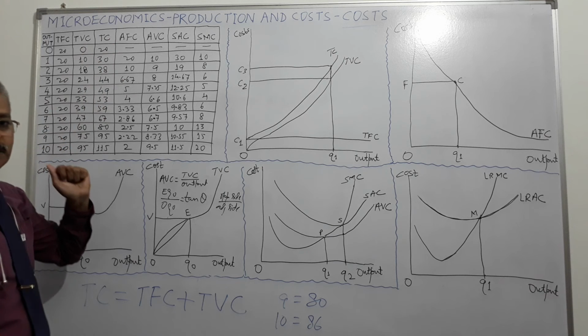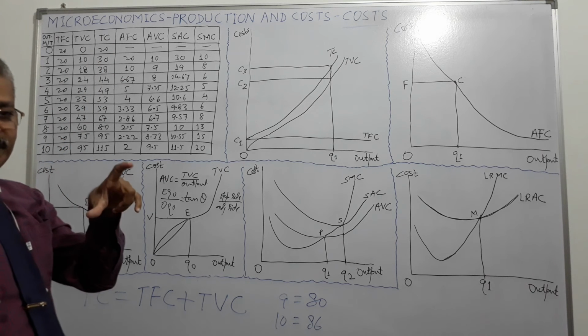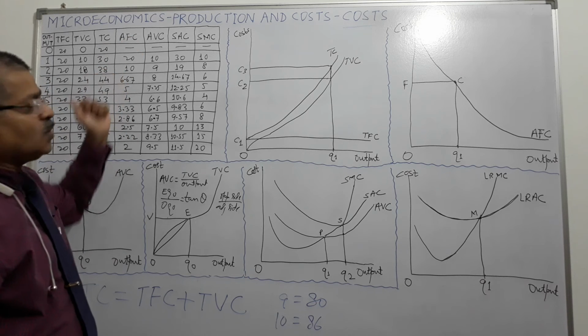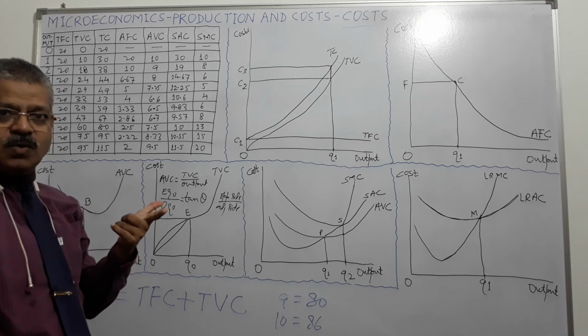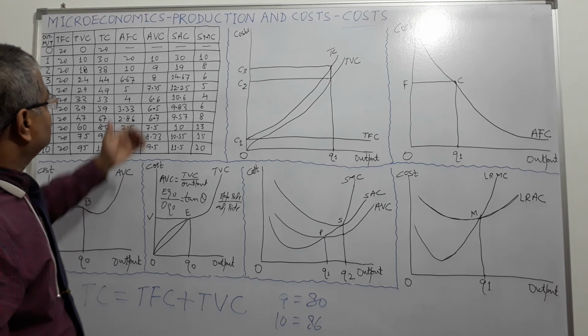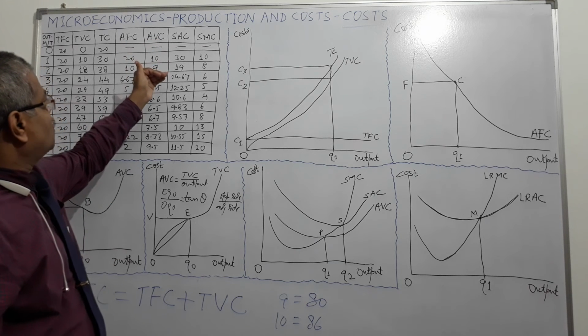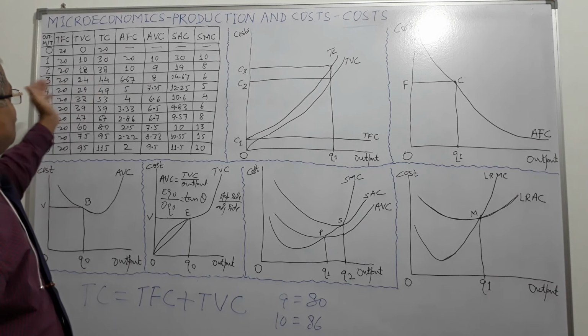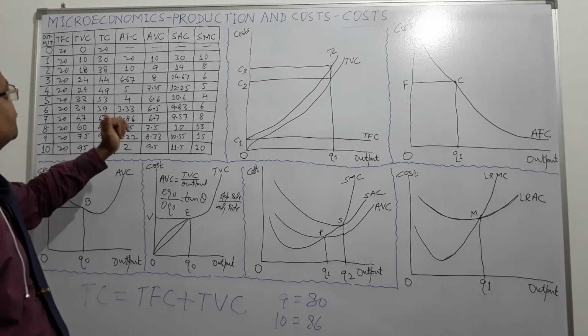Average fixed cost is total fixed cost divided by output. Average variable cost is total variable cost divided by output. Short run average cost is total cost divided by units of production, right?